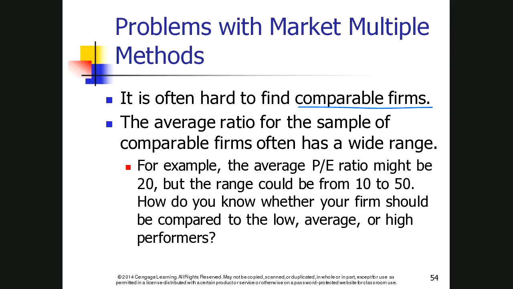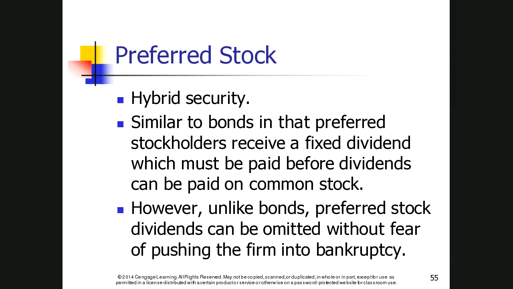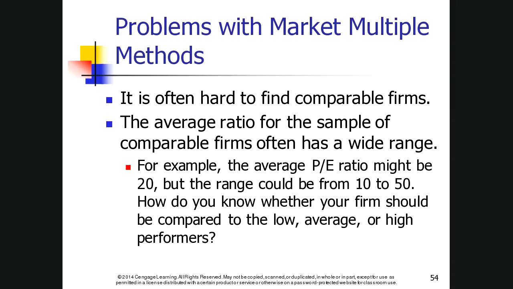And even if you manage to find the comparable firms, those values can go wild. It can be from 1 all the way to say 10, 50. And you will be lost. You'll be like, oh, they're not even that close. So does the average really make any sense? Okay, so these are the difficulties we see with the market multiple methods. Basically, the data can be messy.